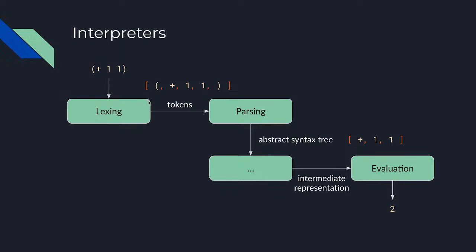And then we do tokenization. We split a string into tokens. So we have a left parenthesis, the operator, the number 1, 1, and a close parenthesis. And then the parsing will give you an abstract syntax tree, which you see here. It doesn't look anything like a tree, it looks abstract.